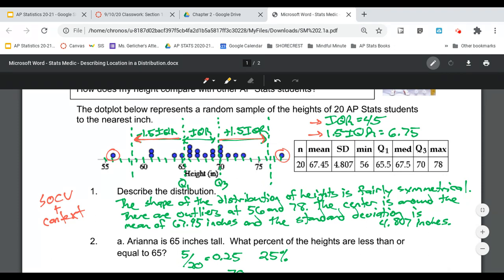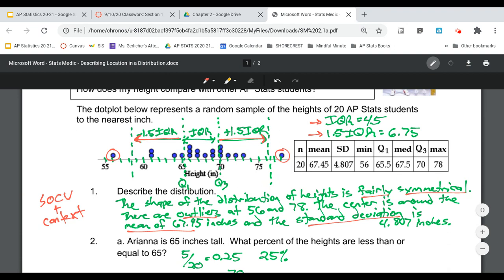Okay, so in my description, I made sure to talk about shape. I said fairly symmetrical. Notice I used an ly word to soften it because it's not perfectly symmetrical. I mentioned the outliers. The center, I talked about the mean and the standard deviation for the variability. You could have also used median and IQR. That would be totally fine.